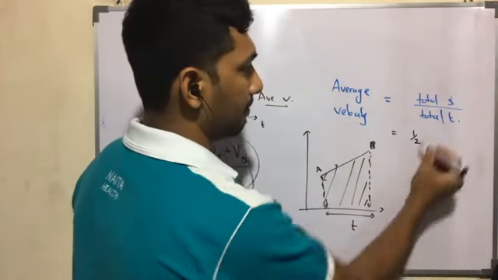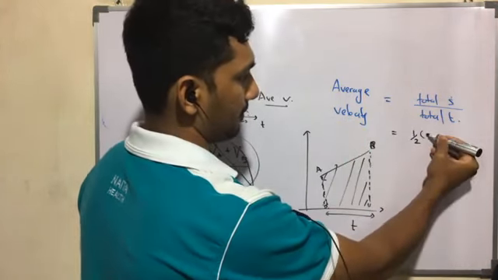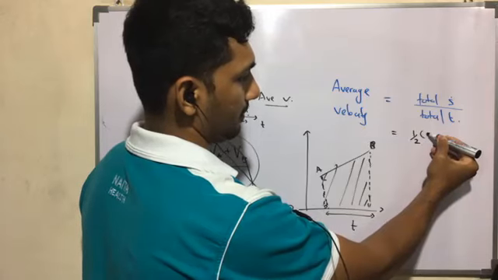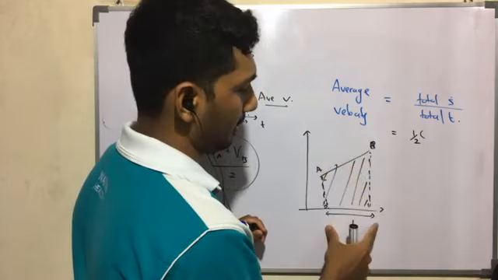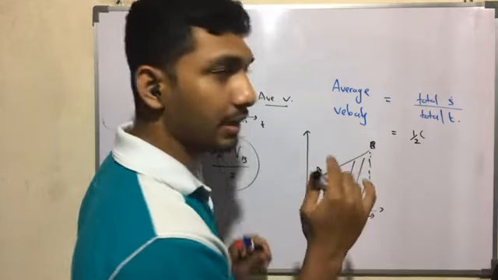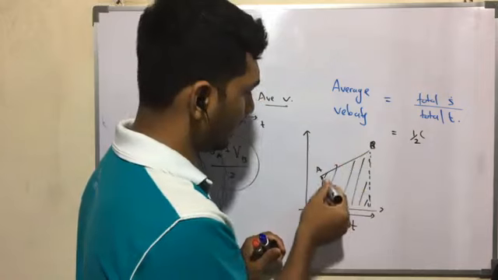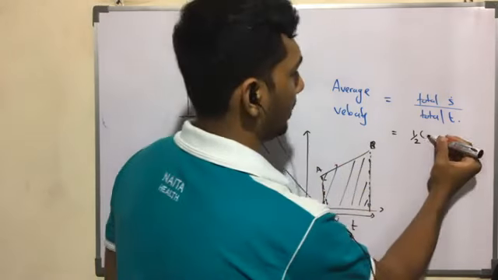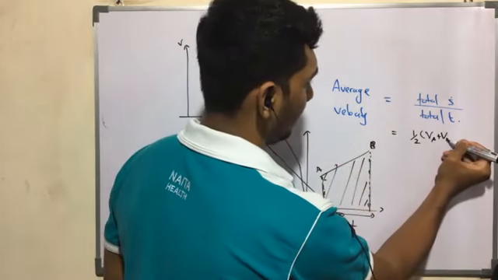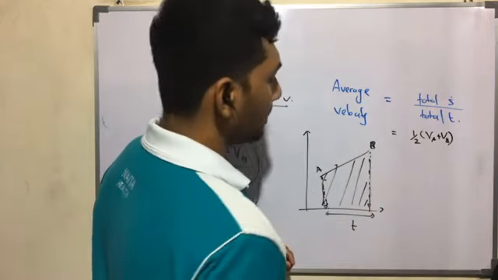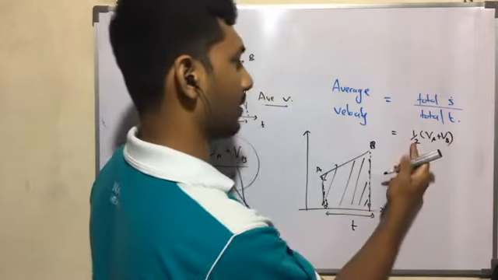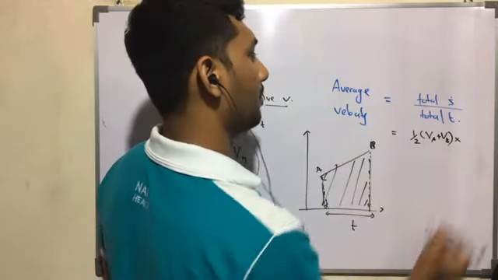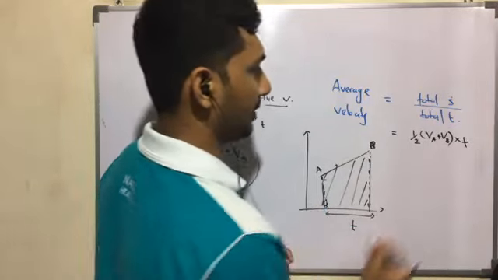Half. Half into x plus y into height, the perpendicular height. X plus y means the sum of the parallel sides. So this is VA and this is VB. VA plus VB, divided by 2, so half is already there, and multiplied by the perpendicular height.